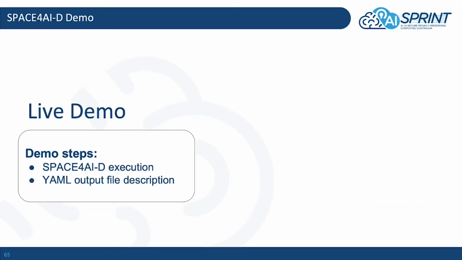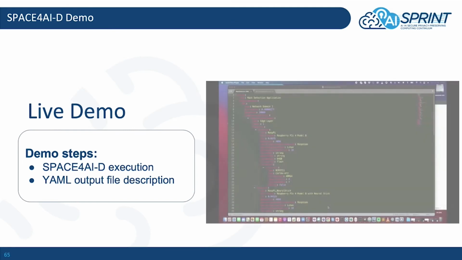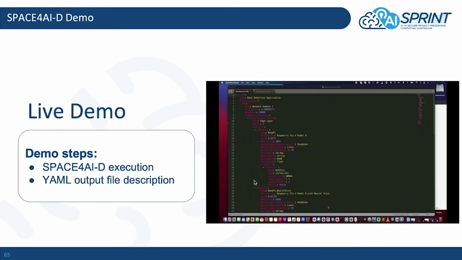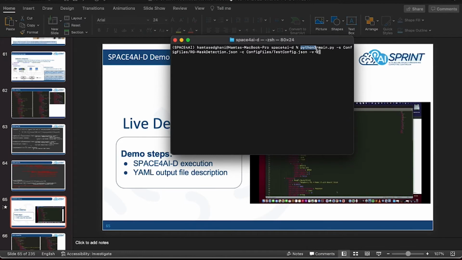Now I'm gonna show how to run the tool by command line. The tool is written in Python 3. The script name is main.py. We use switch -s to give the path of the input JSON file, and we use switch -c to give the path of the configuration file that includes the iteration number that random greedy needs to be run.